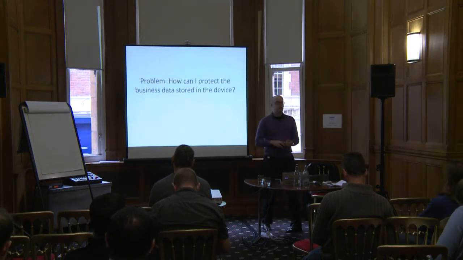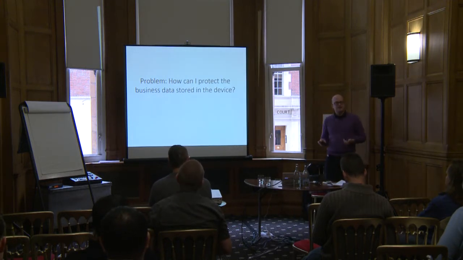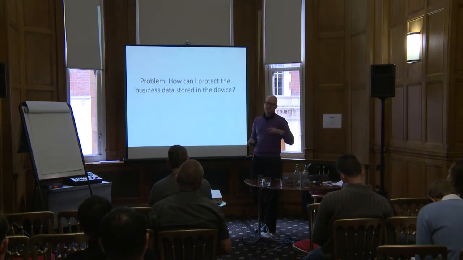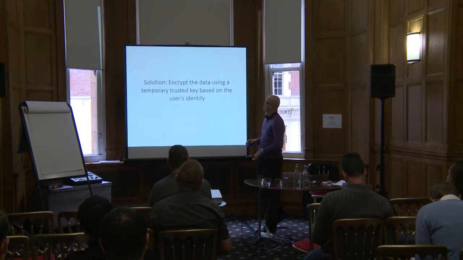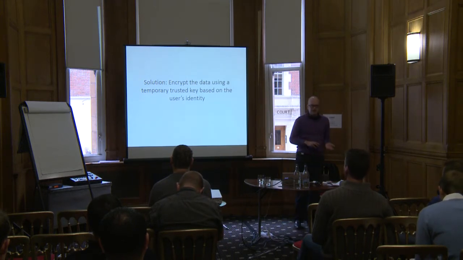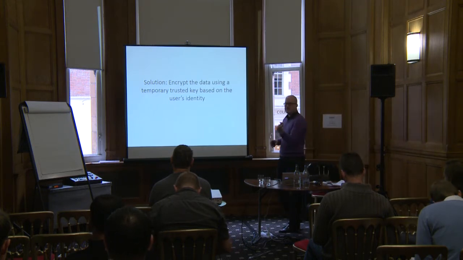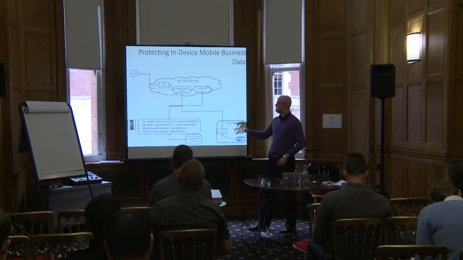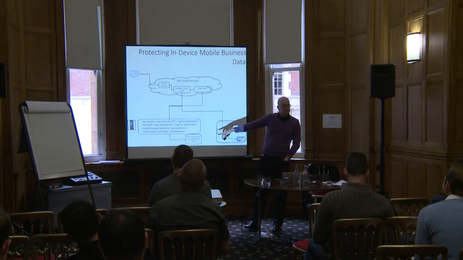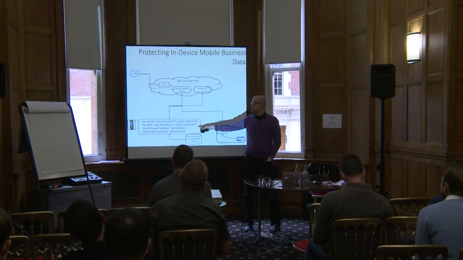So the other thing is, my apps are using this data. How do I protect the data that is stored in the device? If the data ever gets to the device, how do I protect that, given that real-time access is not always the best solution? The answer here is to encrypt the data that is going to be locally persisted, but encrypt it using a temporary key that is based on the user identity. It works like this. You make the call to SAP or Salesforce.com, the data gets stored encrypted in a temporary cache, but that encryption key, the public, private, whatever you're going to use, is based on the user login.